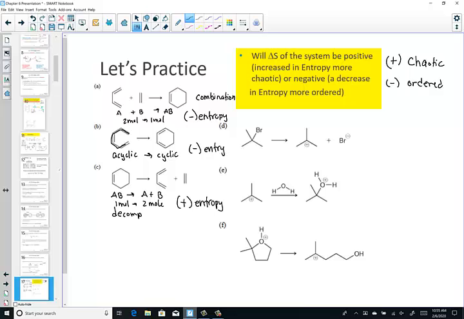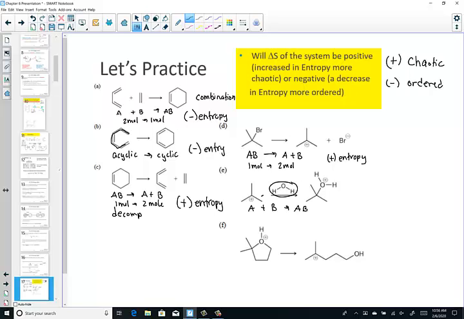Here in the next example, letter D, I have a single compound breaking apart into 2 separate pieces. 1 mole converting into 2 moles creates a positive entropy, which is favorable. Notice here I still have A plus B forming AB. This is also a reactant.